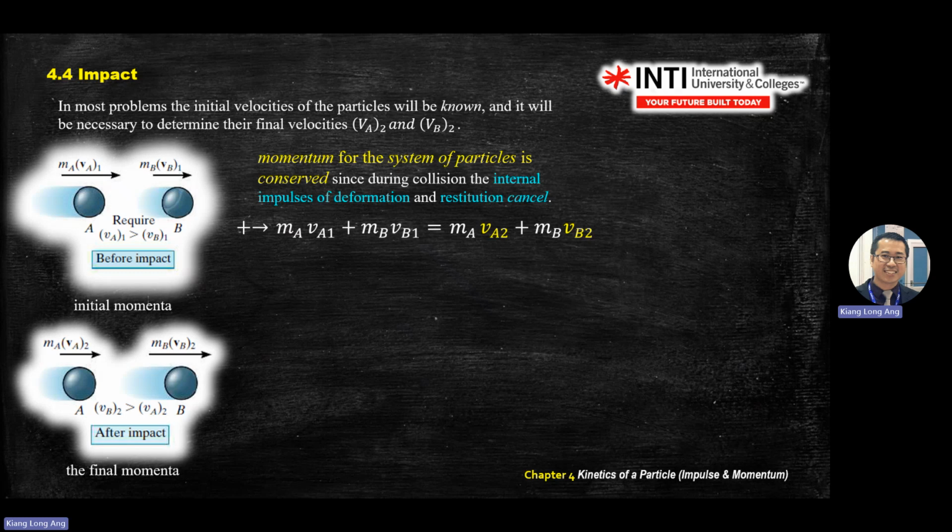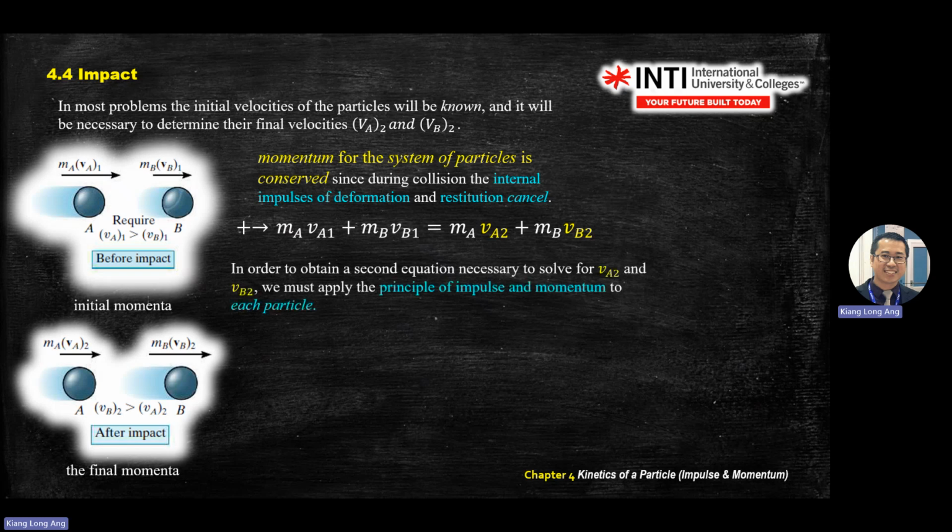If the question asks what happened to that individual body, then you use impulse in your calculation. So that's how you differentiate when to use conservation and when to use the principle of impulse and momentum.